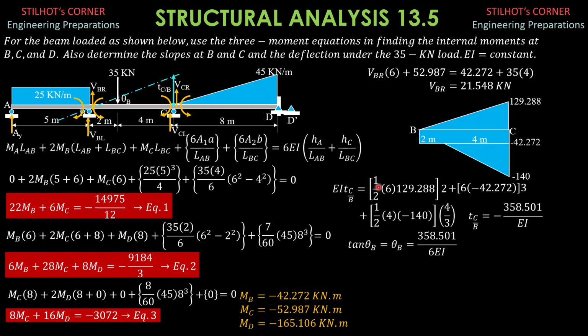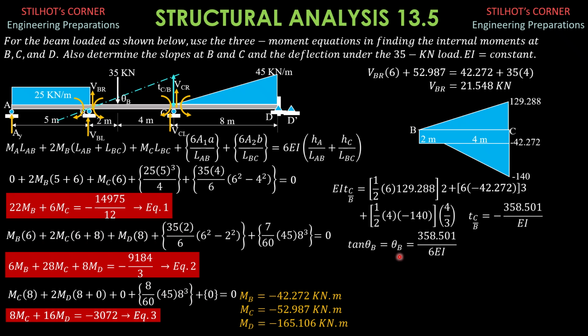Opposite divided by 6. So again, the reason why the value of deviation of C relative to B, which is the opposite of this right triangle, is treated positive is because we anticipated that the slope at B is positive, and tangent of theta B is equal to theta B itself.